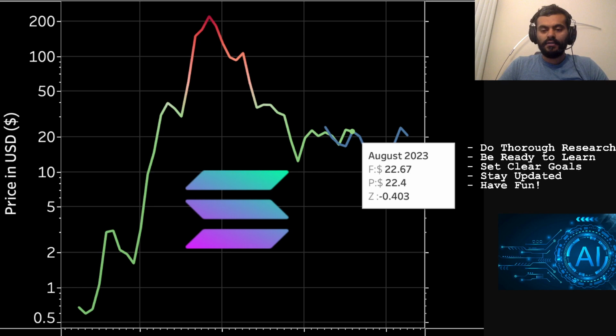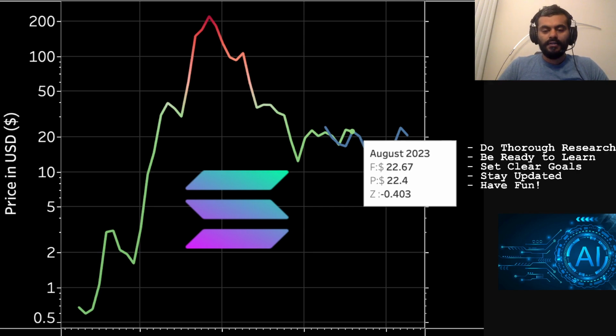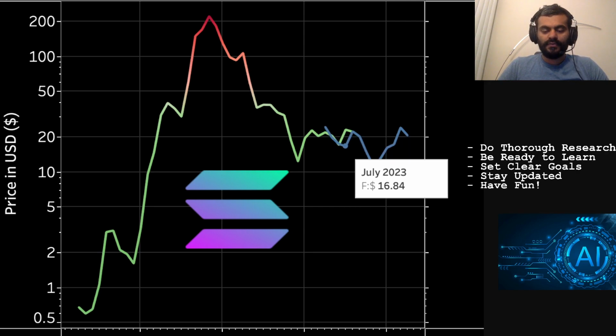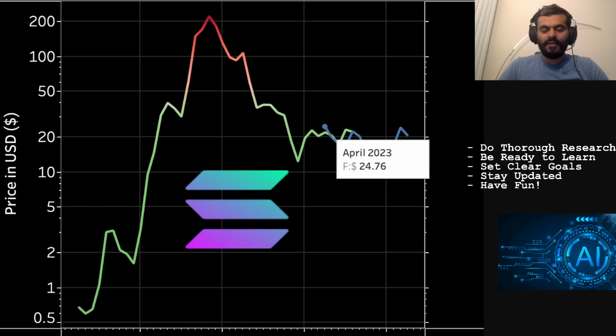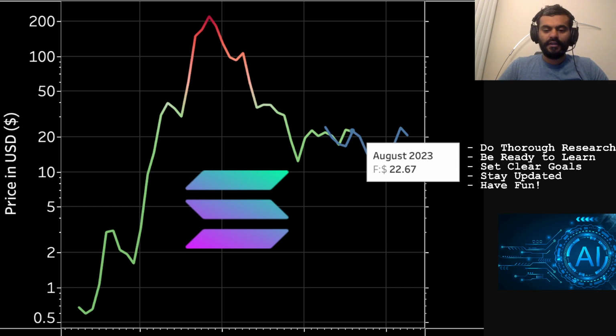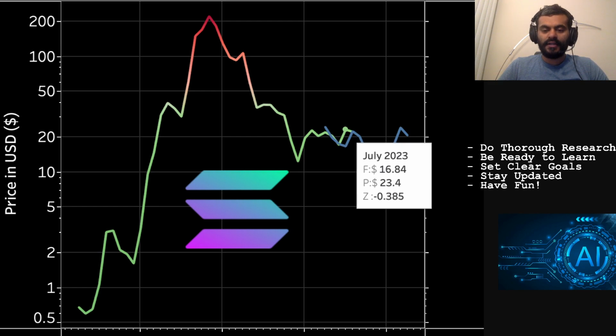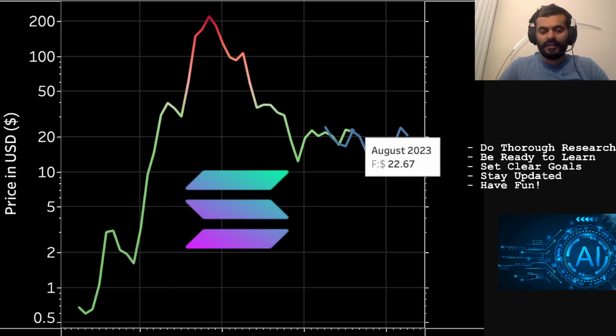So let's see what the AI based forecast tells. The forecasts are in blue, whereas the actuals are in green. So you can see that the forecasts that we have been making since April have been tracking actuals fairly closely, although there are slight divergences. Sometimes the actuals are slightly higher than forecast, and at other times forecasts are slightly higher than the actuals.